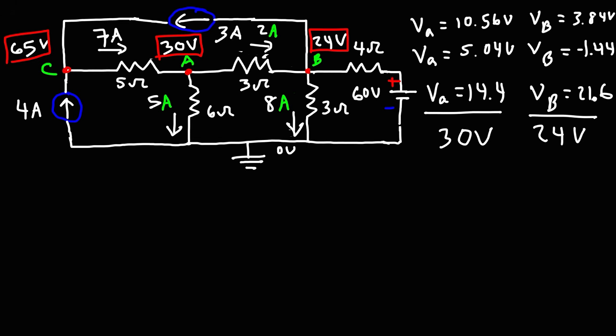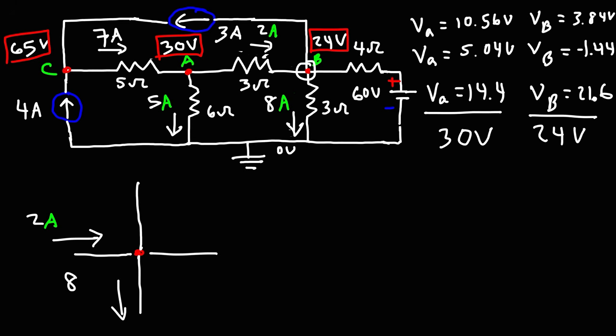Now let's focus on point B. So at point B, we have 4 lines, so to speak. We have 2 amps of current flowing towards point B. We have 8 amps of current flowing away from point B. And there's a current source of 3 amps, so the current here has to be 3.